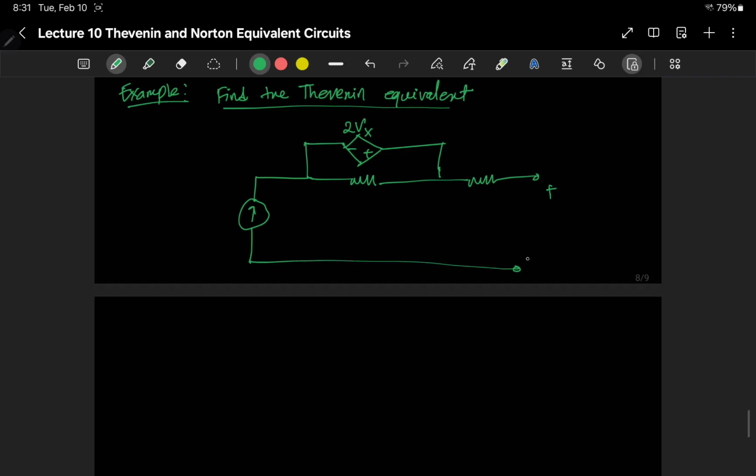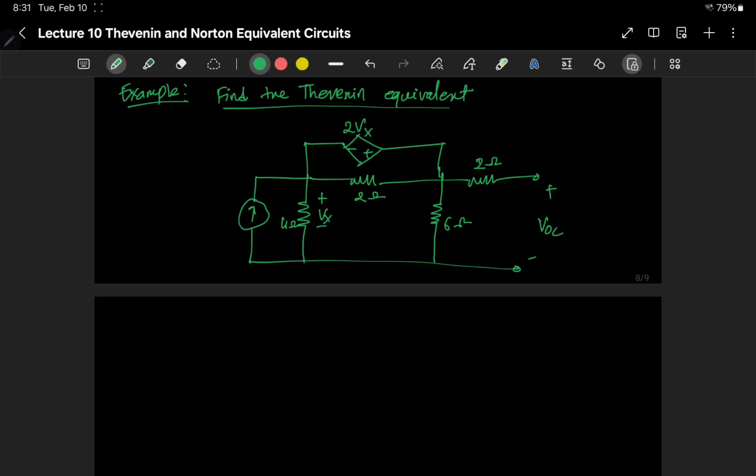So here is the open circuit, this is 2 ohms, we have another resistance here, which is 6 ohms, you have 2 ohms here, and this one is 4 ohms, and the voltage, that is this voltage source, is dependent on the voltage across here, which is Vx.